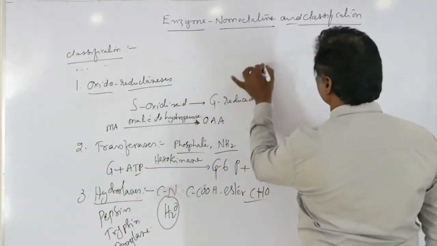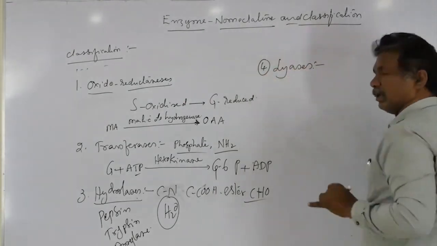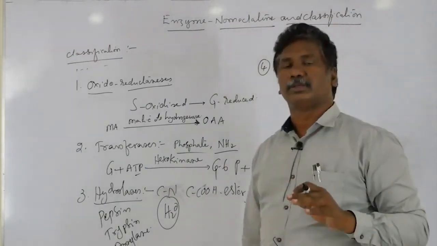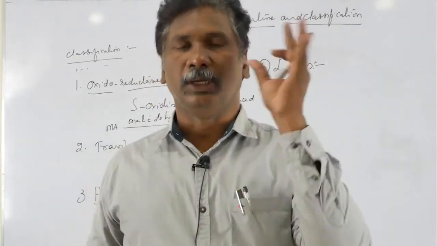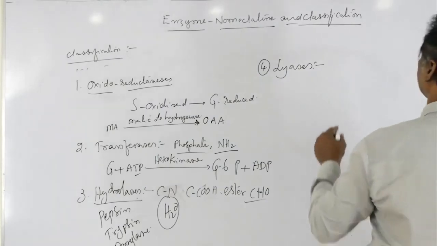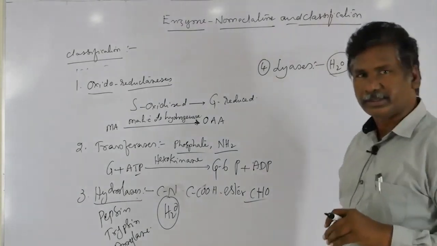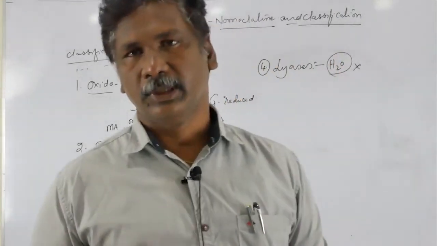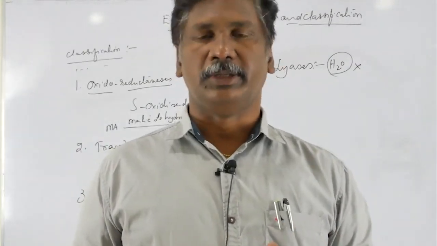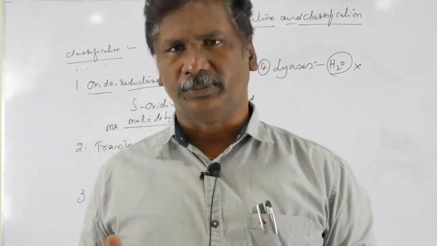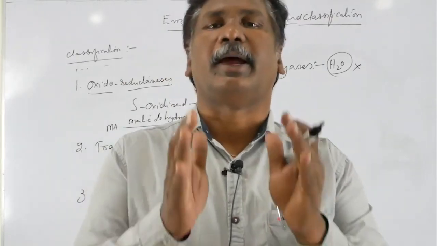Next we will go to the fourth class, lyases. Lyases also break up chemical bonds, such as CN bonds, COOH bonds, or ester bonds, but they split them in the absence of water, other than by hydrolysis.